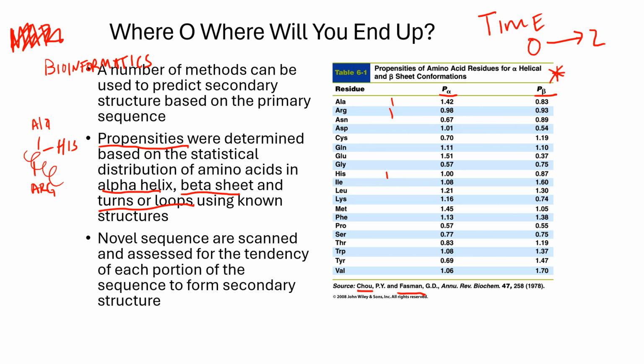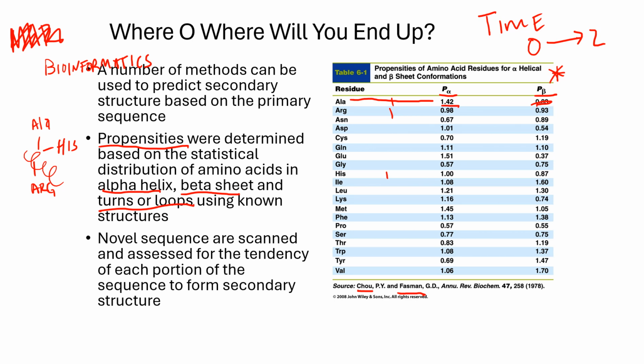The higher the number, the more likely that amino acid is going to be found in one of those structures. So if we look at an amino acid like alanine, alanine has a P sub alpha of 1.42. It has a P sub beta of 0.83. So it's likely to be found in an alpha helix, and it's less likely to be found in a beta sheet.